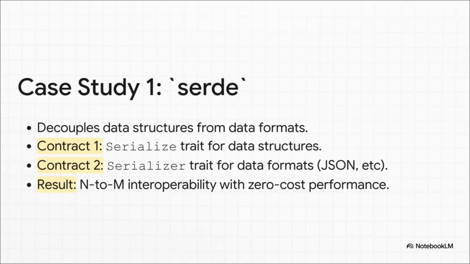And here's the magic. Your data structures know nothing about JSON. And the JSON library knows absolutely nothing about your specific data structures. They only care about the contract that connects them. The result? It's mind-blowing. It means hundreds of different libraries with their own data types can be turned into dozens of different data formats, and it all just works, with no code changes and, you guessed it, zero-cost performance.